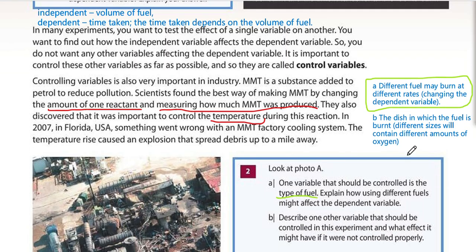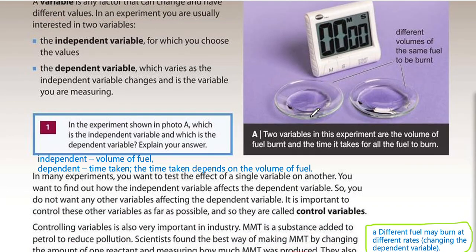One thing is the dish you are using. Now imagine you are taking different volumes here as the independent variable. Imagine you are taking one like this and another one like this, with another type of volume. So the first one you are using A and B, let's have it like that. Now you are going to measure the timing, right?